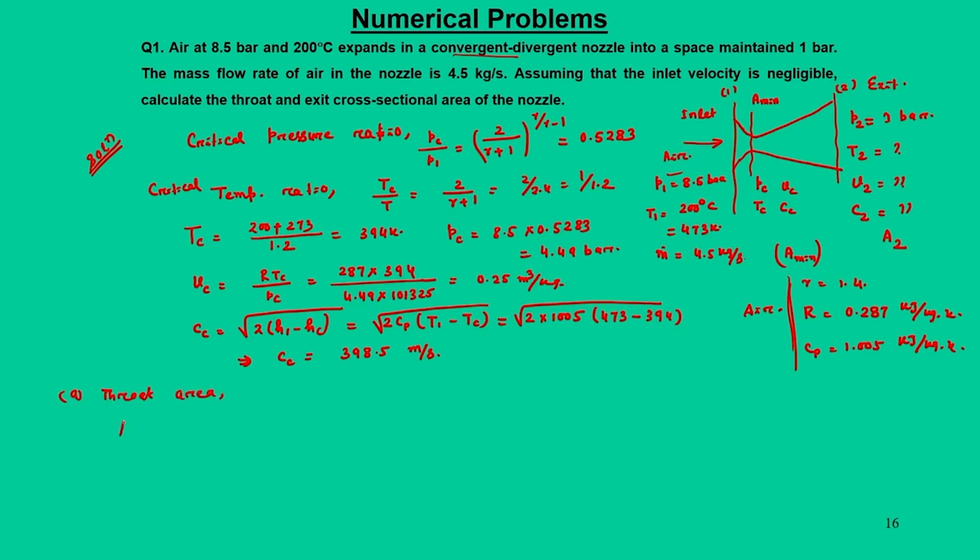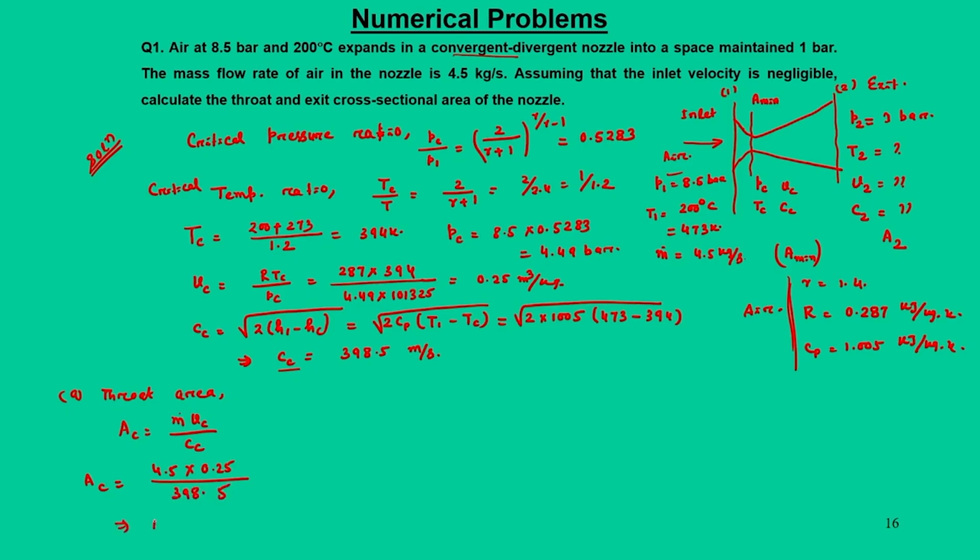Now we are in a position to find the throat area. That is Ac equal to m dot into Vc divided by Cc. So, m dot is 4.5 kg per second, specific volume is 0.25, and the flow velocity at the critical condition is 398.5.